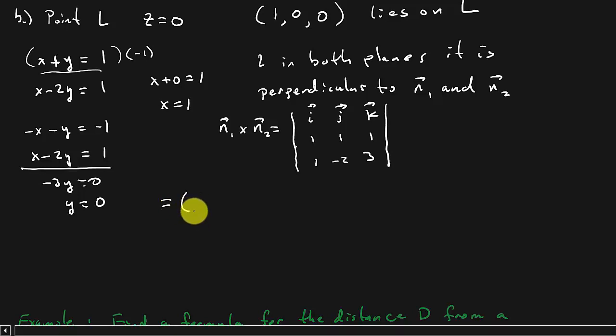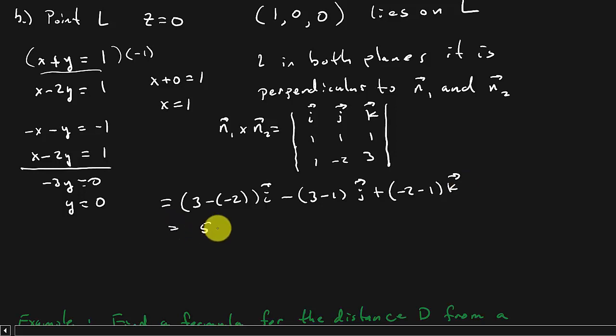And so I'm just going to do this real quick. You should know how to do this by now. That's 3 minus -2, then 3 minus 1 times vector J, plus -2 minus 1 times vector K. And so that's going to be 5i minus 2j minus 3k.